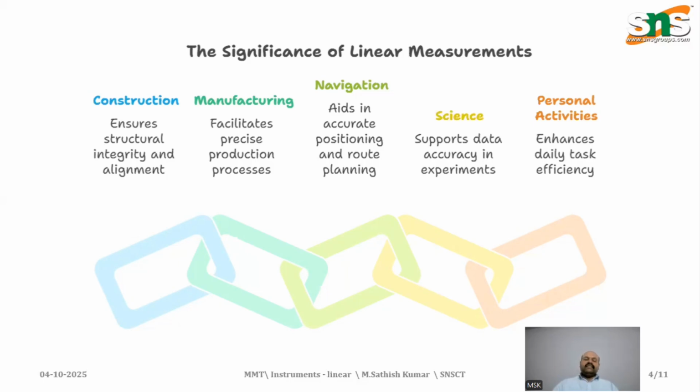In navigation, it aids accurate positioning and route planning. Without linear measurements, we cannot sail across the sea. And in science, it supports data accuracy in experiments. It also helps in personal activities, enhancing daily task efficiency.